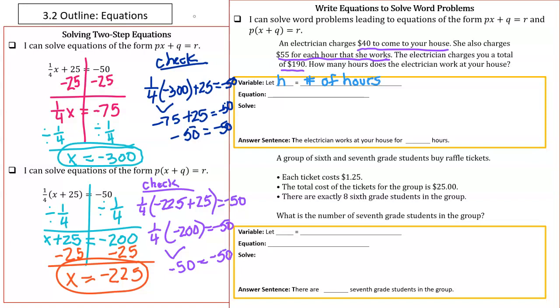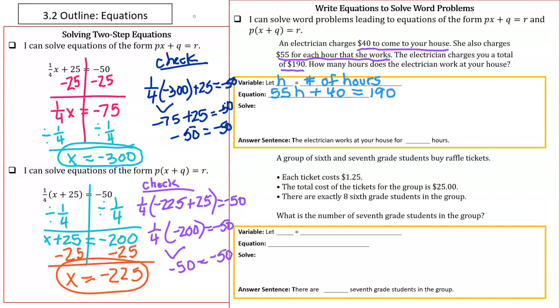This equation is of the format px plus q equals r because I have a rate, which is the $55 per hour, that's times my number of hours, plus the $40 that they charge to come to your house, and that is going to be set equal to the total amount that you are charged. So my equation is 55h plus 40 equals 190.